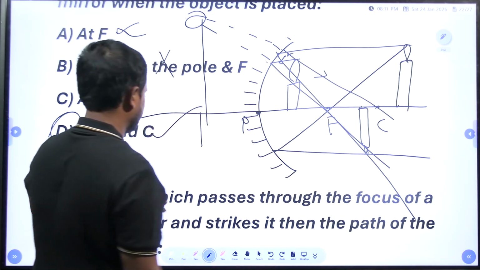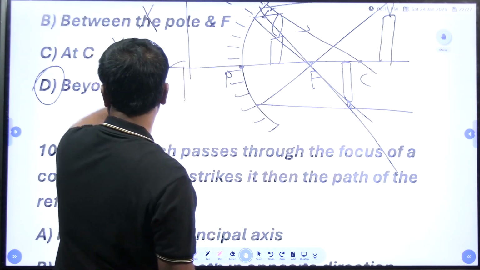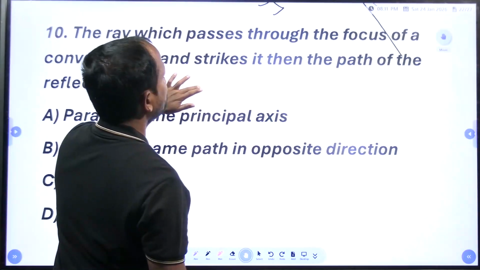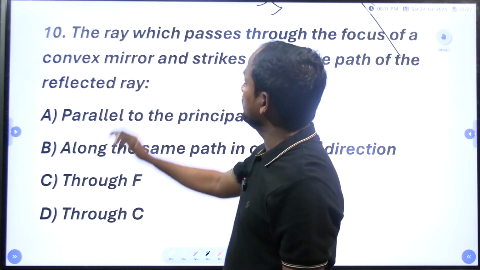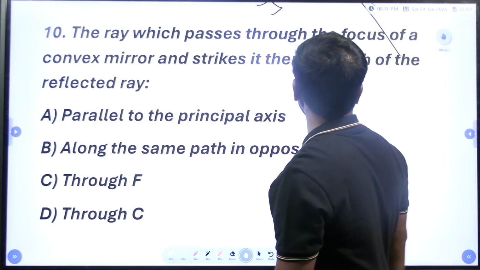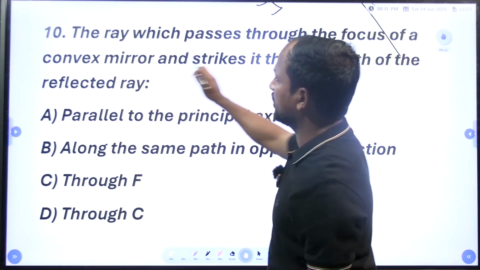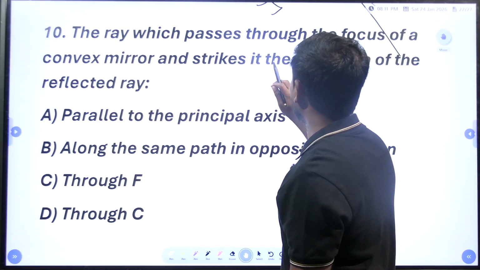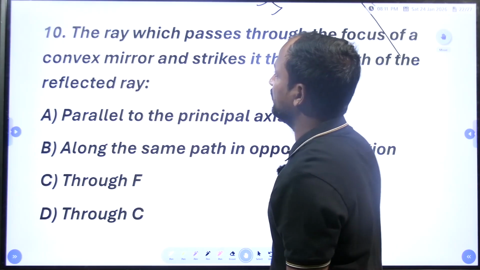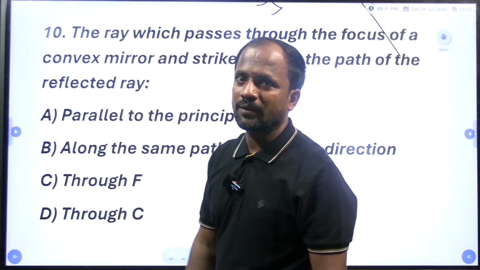So next question. Tenth question. The ray which passes through the focus of a convex mirror and strikes it, what is the path of the reflected ray?